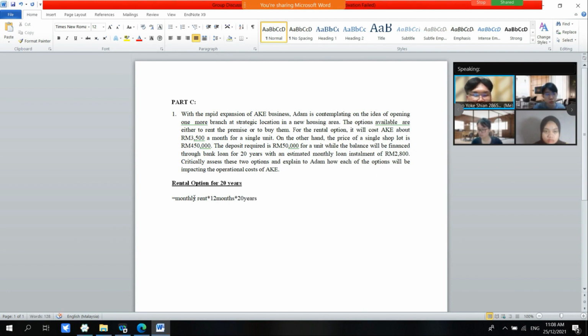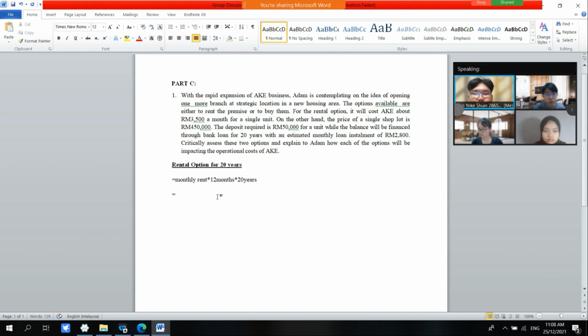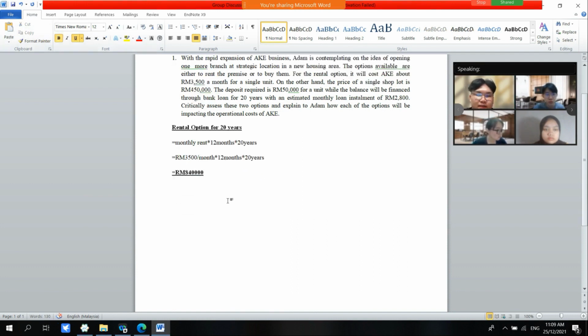So it will become the total rental option for the operational cost. So it should be 3,500 ringgit per month times 12 months times 20 years. So the answer will be 840,000 ringgit. So this is the rental option for 20 years.